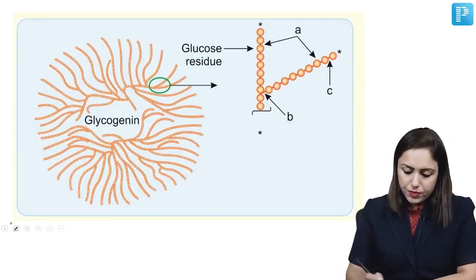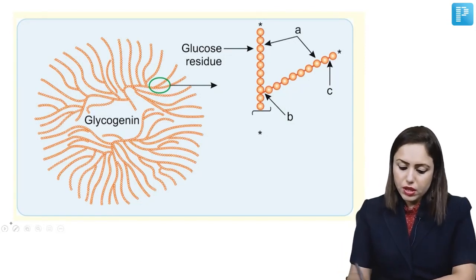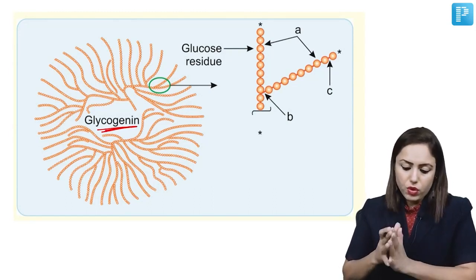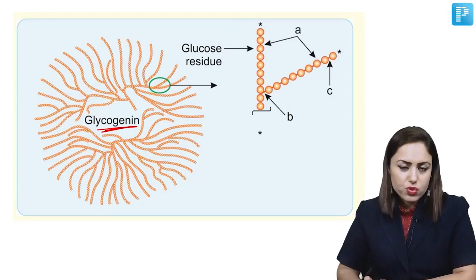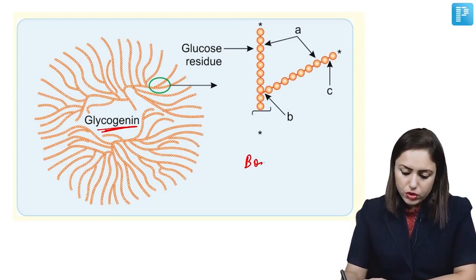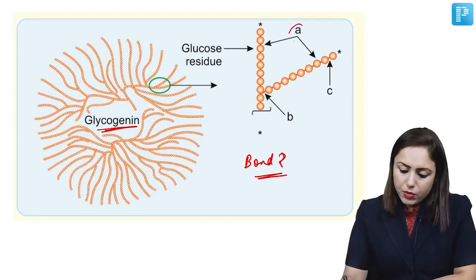So this is proline. Then glucose residues here in glycogen. So the center portion is glycogenin, and that is the central portion, and there are so many glucose residues tightly packed here. Question asked, which bond here at points A, B and C? At point A, it is a linear structure.